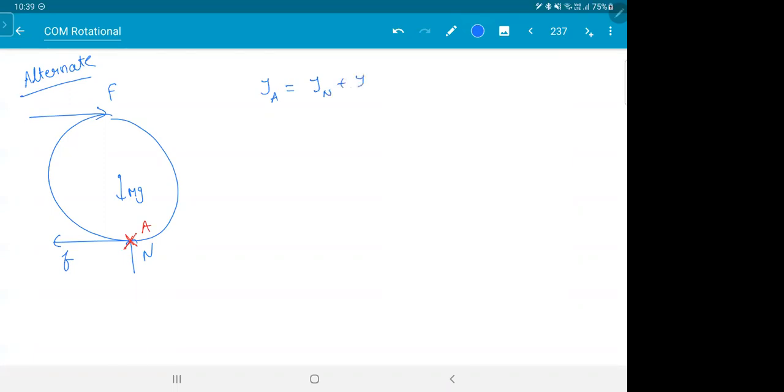Torque due to N, torque due to f, torque due to mg, and torque due to capital F. But the only difference is you have to take moment of inertia about A now. If you take torque about A, you should take I also about A. N 0, f 0, mg 0. What is the moment of inertia about A? I center of mass plus mr square. Now you have to use the parallel axis theorem. So that will be 2 by 5 mr square plus mr square.